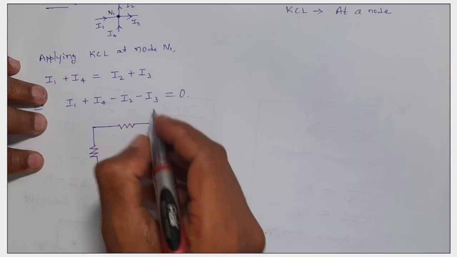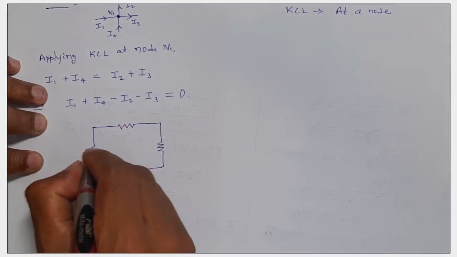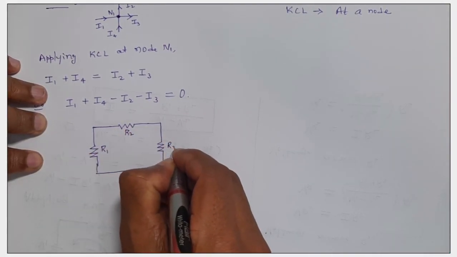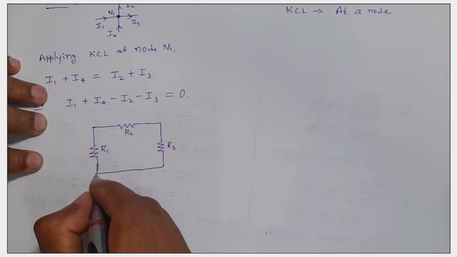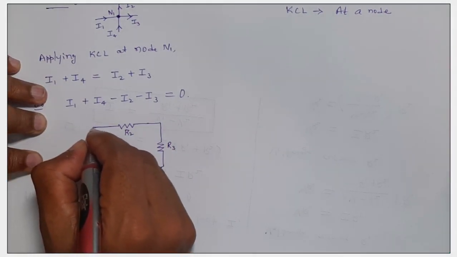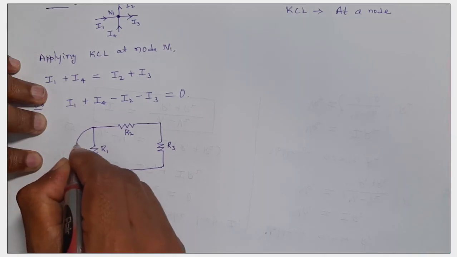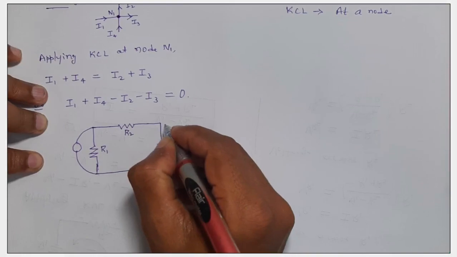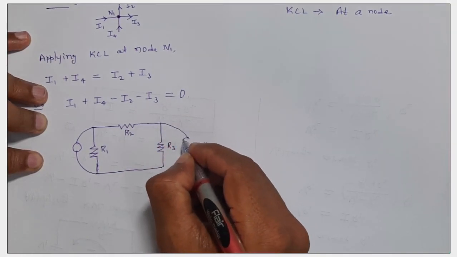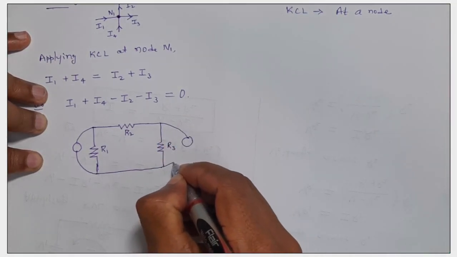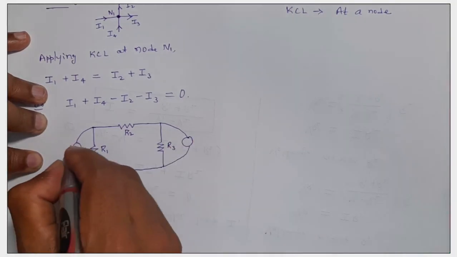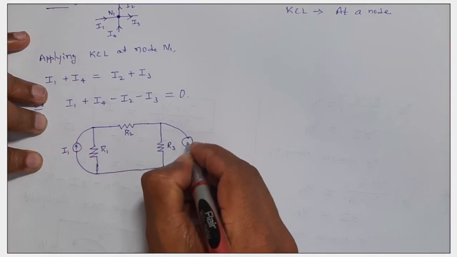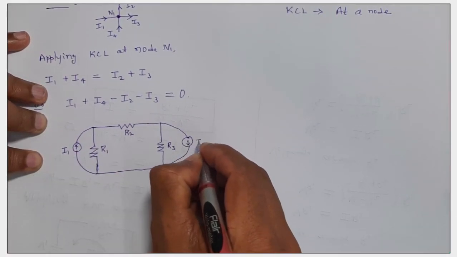So this is R1, this is R2 and this one is R3, and I will consider 2 current sources, one here and one more here. Let me assume the current direction like this and here like this, I2.